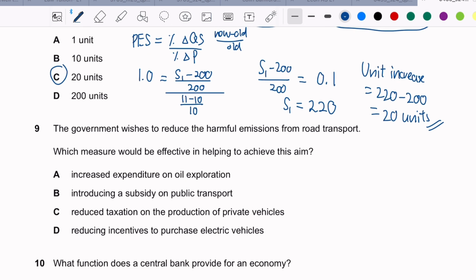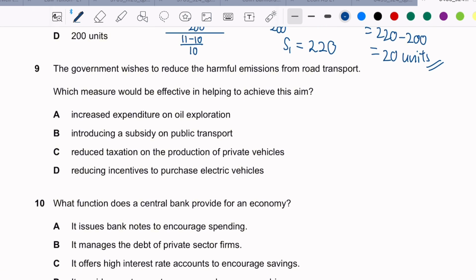Question 9. The government wishes to reduce the harmful emissions from road transport. Which measure would be effective in helping to achieve this aim? So A. Increase expenditure on oil exploration. No. B. Introducing a subsidy on public transport. Yes. C. Reduce taxation on production of private vehicles. No, you should increase.